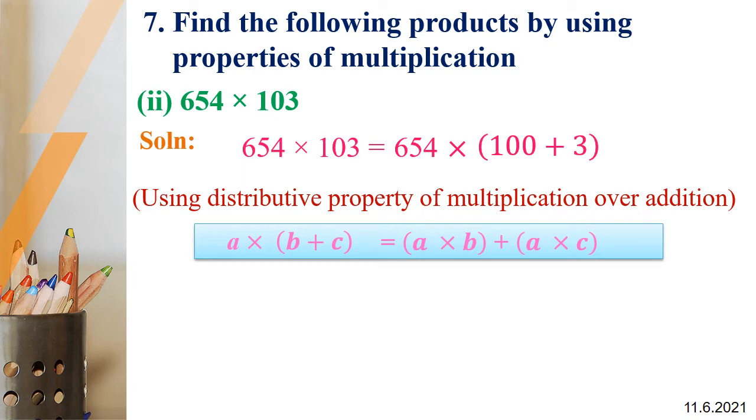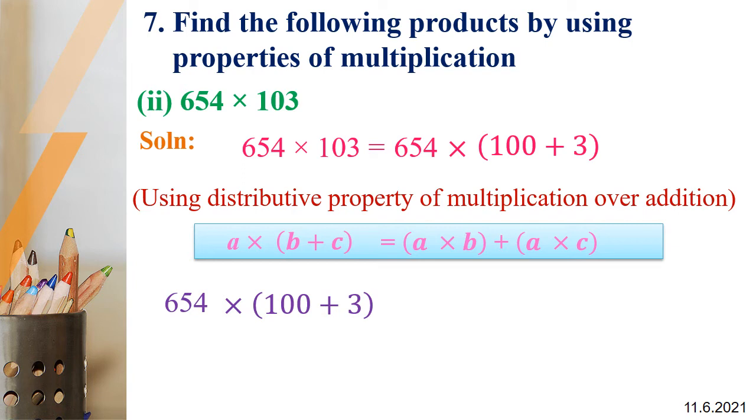So let's write 654 × (100 + 3). Here a equals 654, b equals 100, c equals 3. So let's write a × b + a × c.